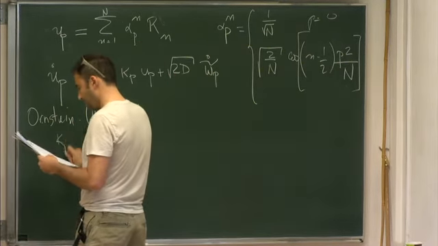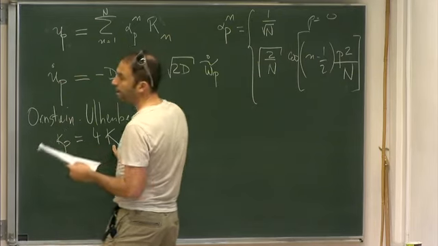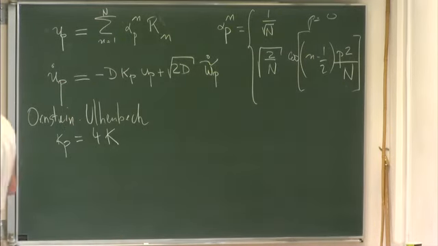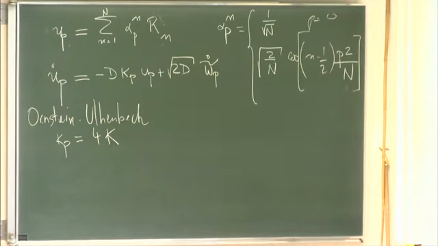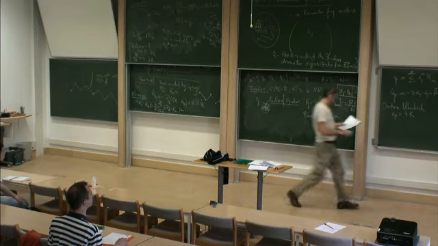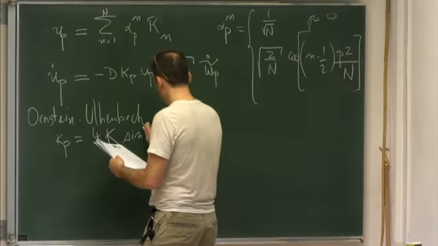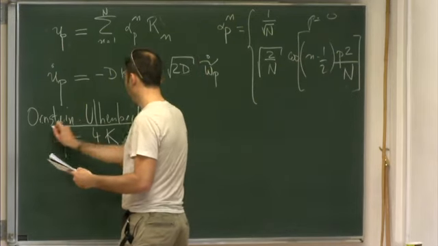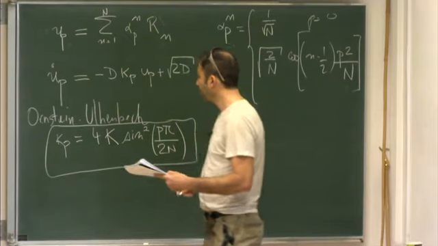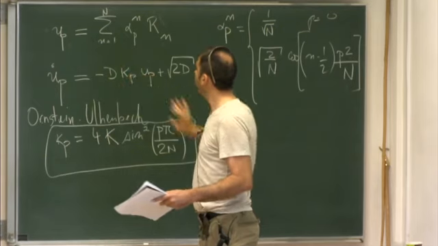Kappa p is the interesting quantity, which is 4 kappa sine squared of p pi divided by 2n. Kappa is the spring constant defined here. These are the eigenvalues of this. Yes, these are the eigenvalues of this matrix. So you have this diagonalization.